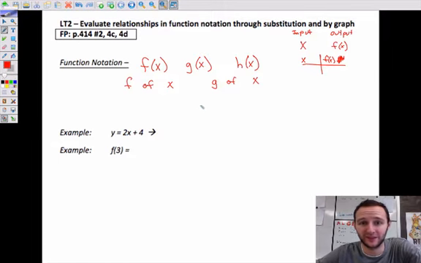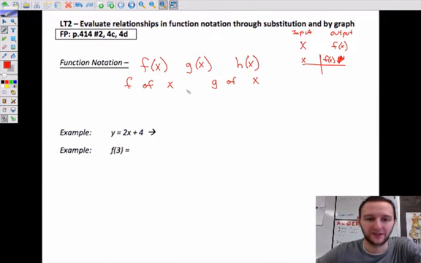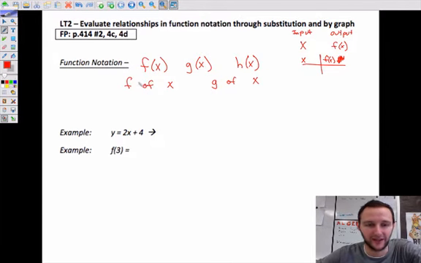It seems really confusing, but this doesn't mean f times x. It just means that f is a function of x. You put in an x and you get out some f of x value after it applies some sort of rule. It'll make more sense when you see examples.